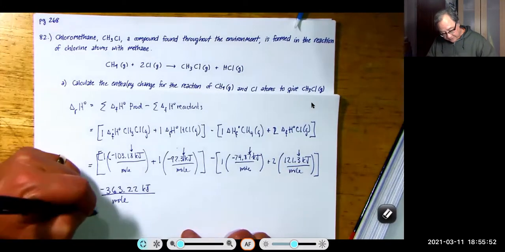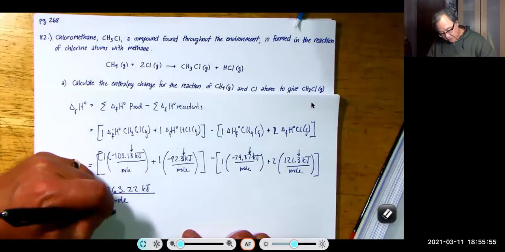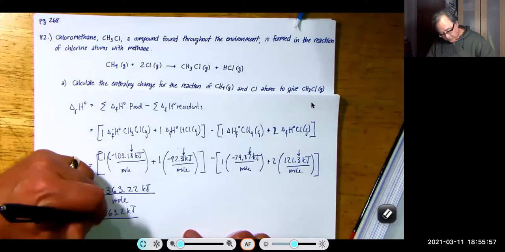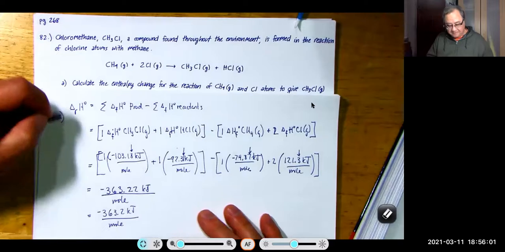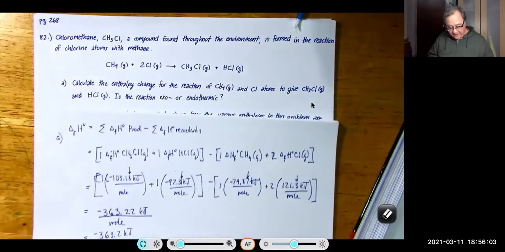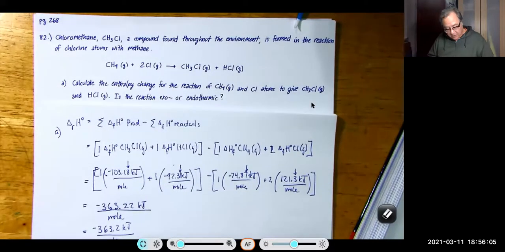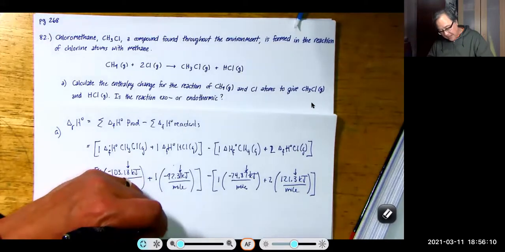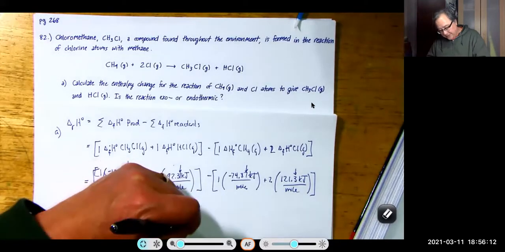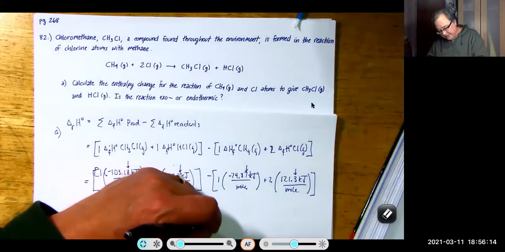So we get negative 363.2 kilojoules per mole. And that is the enthalpy of this reaction. Okay, is the reaction endothermic or exothermic? It is exothermic. Why? Because the sign is negative.